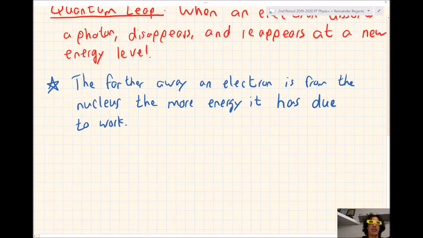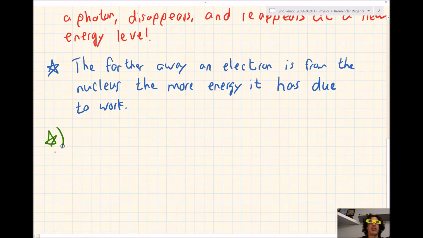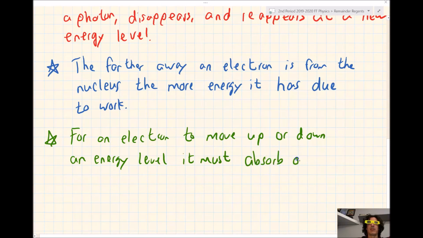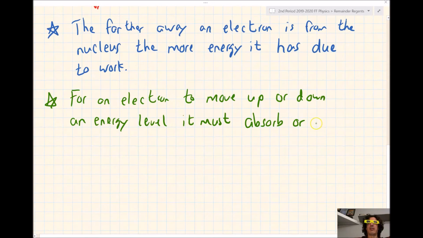Okay, we can also say that for an electron to move up or down in energy level, it must absorb a photon to move up, or release a photon to move down.